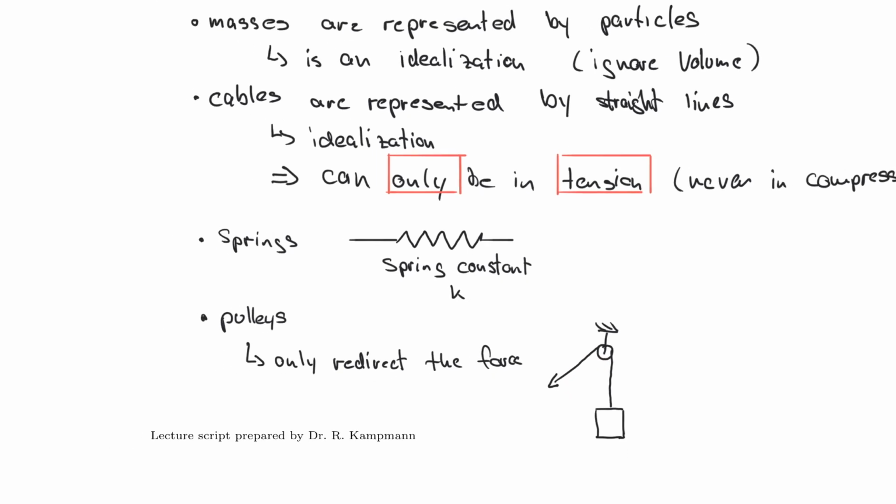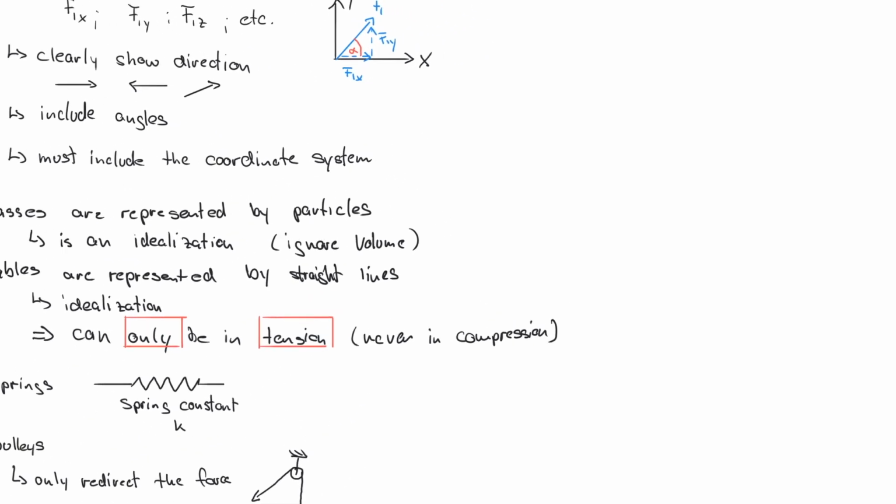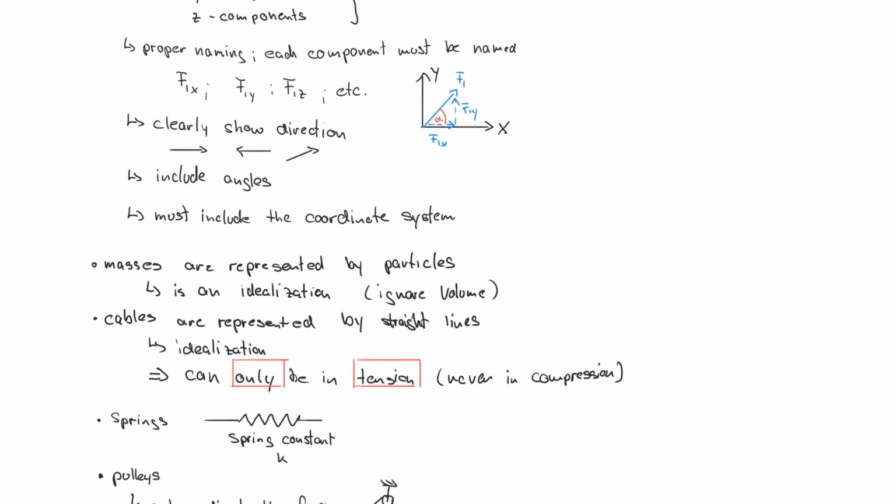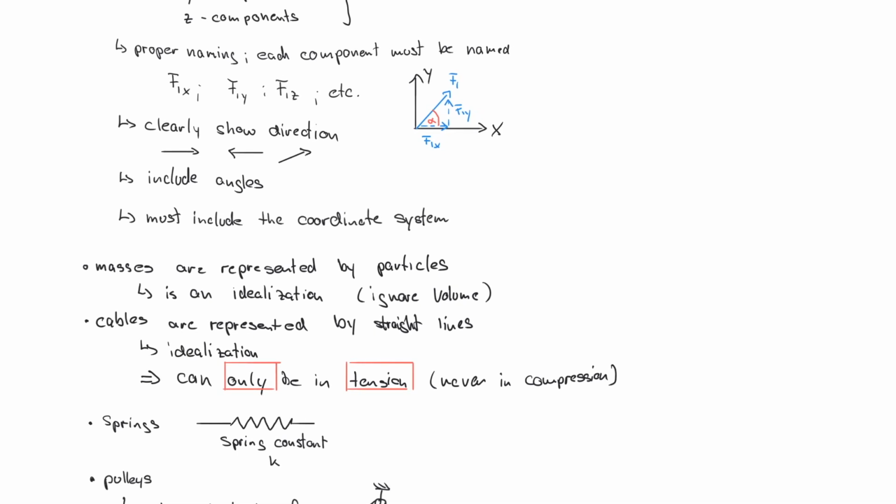Now let's, just for completeness reason, draw a proper free body diagram of all these conditions. I'm going to leave the springs and the pulleys out, but let's just draw a force system that is, let's say, a force going in this direction and a force going in that direction.